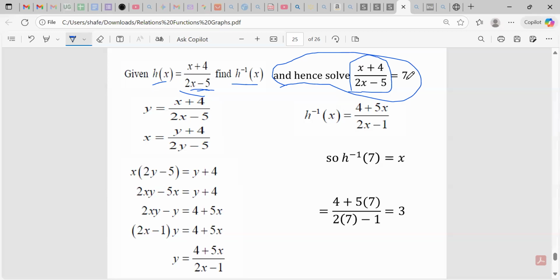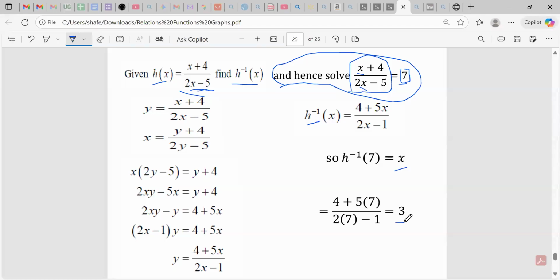But remember, the inverse of a function will take this output and lead you back to x. Right? Remember, the inverse reverses the operation of the original function. So if you take 7 and put it inside h inverse, the value is going to be x.